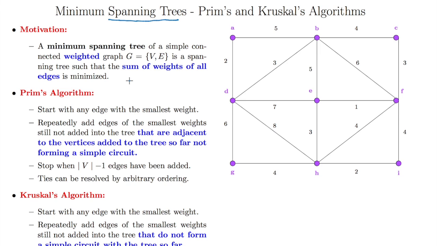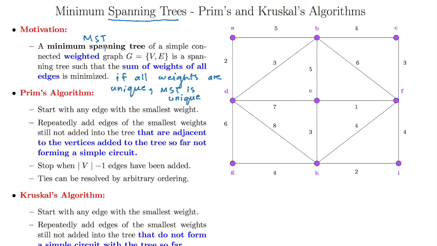Now, this can or cannot be unique depending on the weights we have, and we will see that if all weights are unique, then the minimum spanning tree is unique too. The abbreviation or acronym we sometimes use is MST.